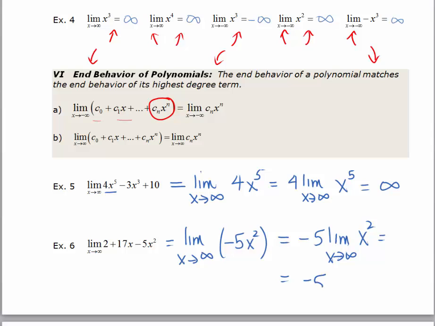That's going to be infinity, so negative 5 times infinity is going to be negative infinity. Your end behavior for the first function would have been down and up, and since we're going to positive infinity, as x goes to positive infinity, y is going to positive infinity. The end behavior for the second problem is down and down. So as x goes to positive infinity, your y values are going to negative infinity.